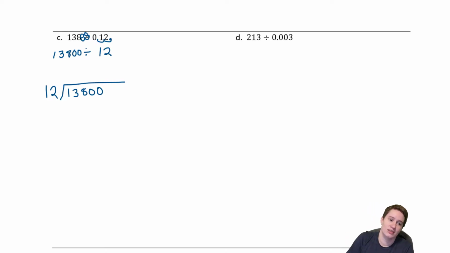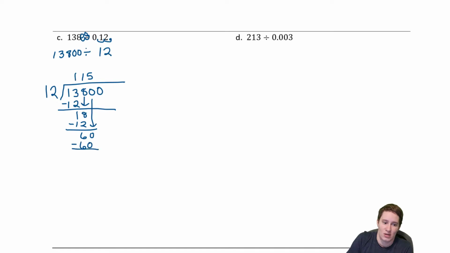Okay, let's see. 12 into 1, no, that does not go in. 12 into 13, yes, that goes in. And then we drop down the 8. 12 into 18 goes once. So I'm going to subtract 12. 12 into 60 goes 5 times.